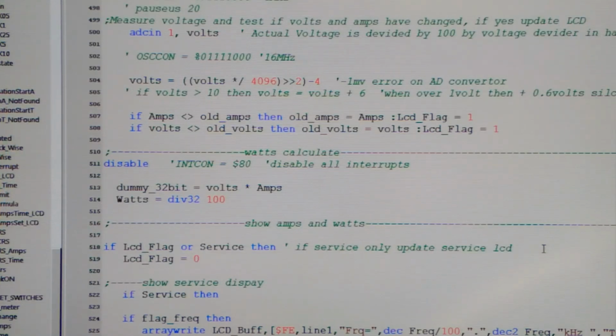I'm explaining this for the people that are learning, for the benefit of those people to learn something maybe new, or they might know it. If you are reading voltage, and for example you are reading 4 volts, the analog to digital converter has read 4 volts.